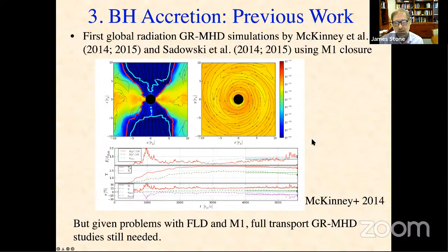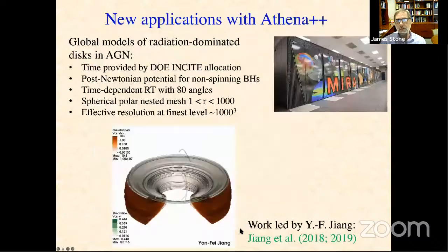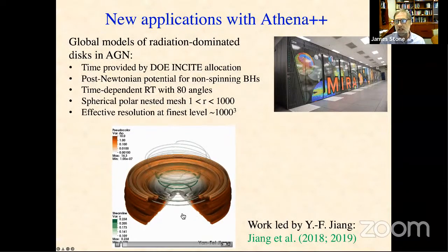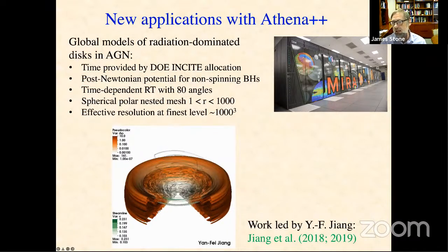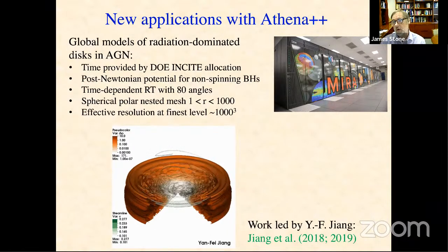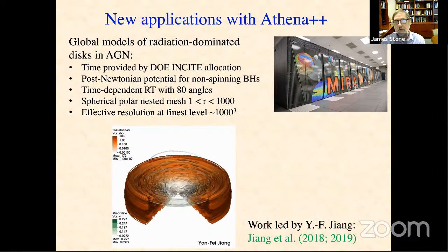And so again, these are very interesting and important calculations to understand these accretion flows using these approximate methods. And our goal is to try to repeat some of this using these full transport methods to A, confirm the results, and B, understand the accretion flow at higher luminosities using full transport methods.